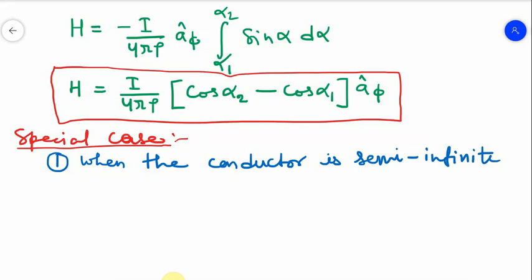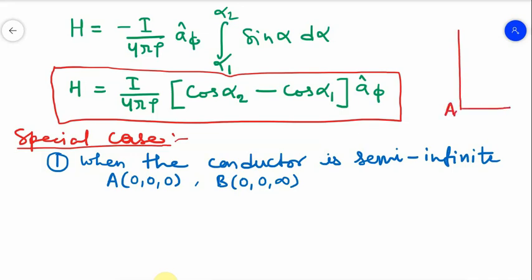Okay, so if the conductor is semi-infinite, then point A will be at 0 0 0. Okay, and point B will be at what? 0 0 infinity. Okay, so let us assume a case. Let's say this is your conductor, and this point A is at 0 0 0 and B is at infinity, 0 0 infinity.